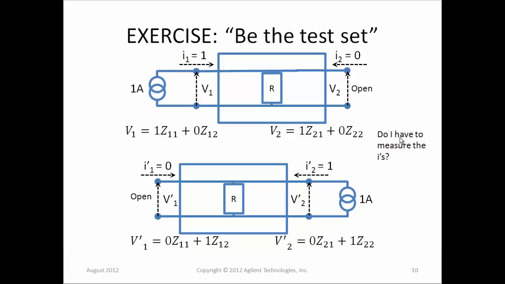When we get into S parameters, we'll be thinking about the sources and the voltages we measure. And it's worth thinking about, are we having to measure these currents, or do we get them from choosing our sources carefully? So go ahead and pause the video and see if you can get the right answer.